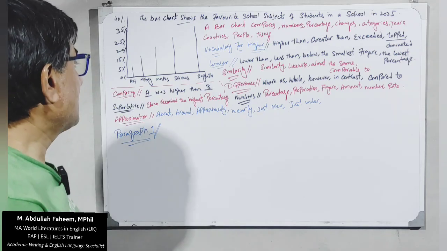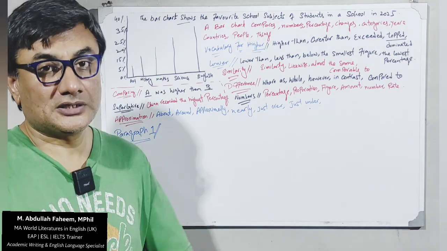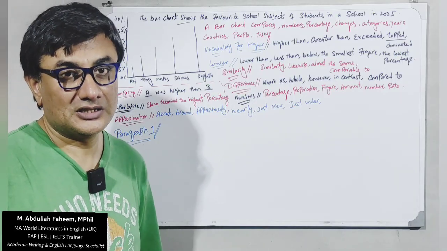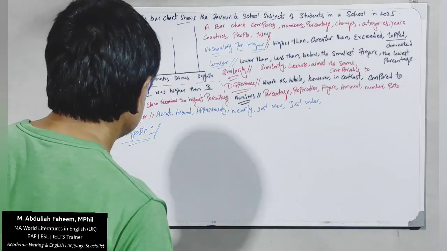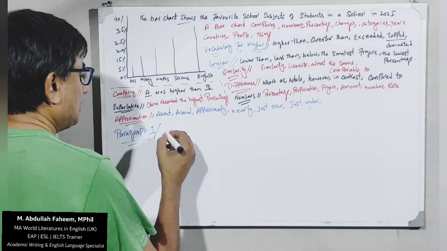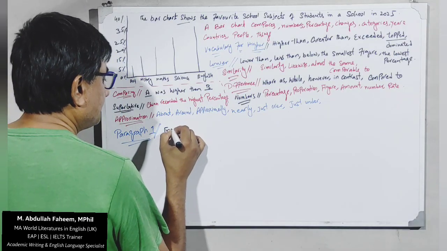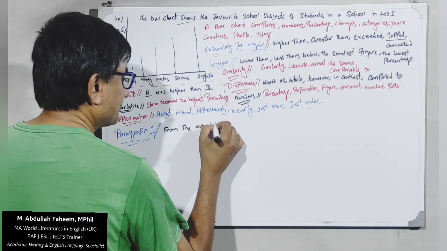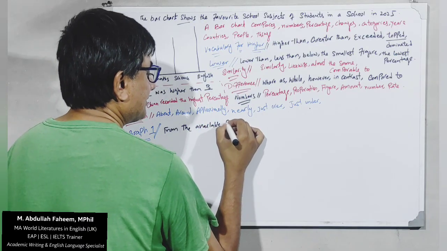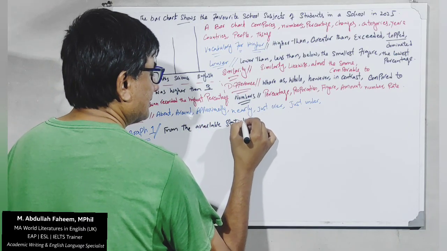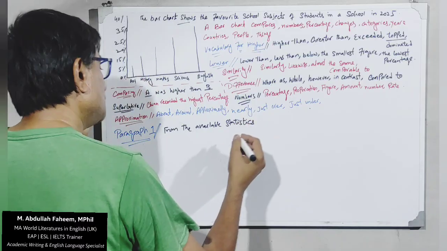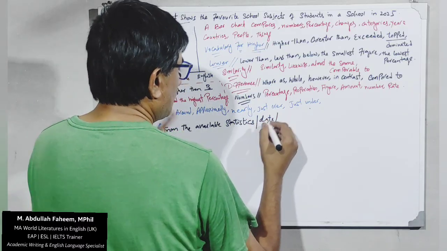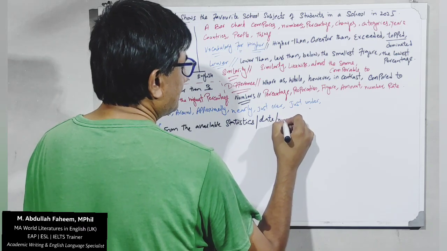So in the first paragraph, we will give the highest percentages or highest trends, or in other words, mention the higher trends from the available statistics, or you can say data, or you can say numbers.